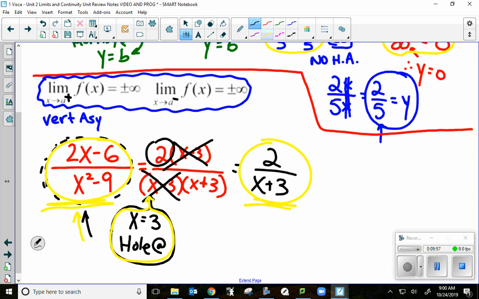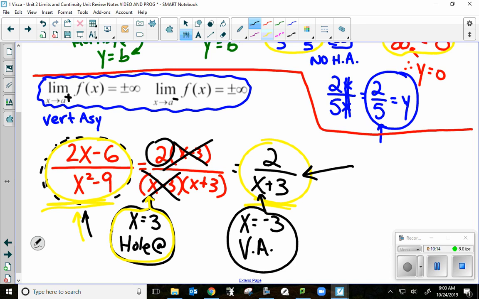Now, what about my vertical asymptote? Whatever makes the function undefined, that is not canceled out, that you can't get rid of. Right now, when x is negative 3, that makes this undefined. That's where I get a vertical asymptote. So let me explain this one more time. I look and I say positive and negative 3 make this undefined.